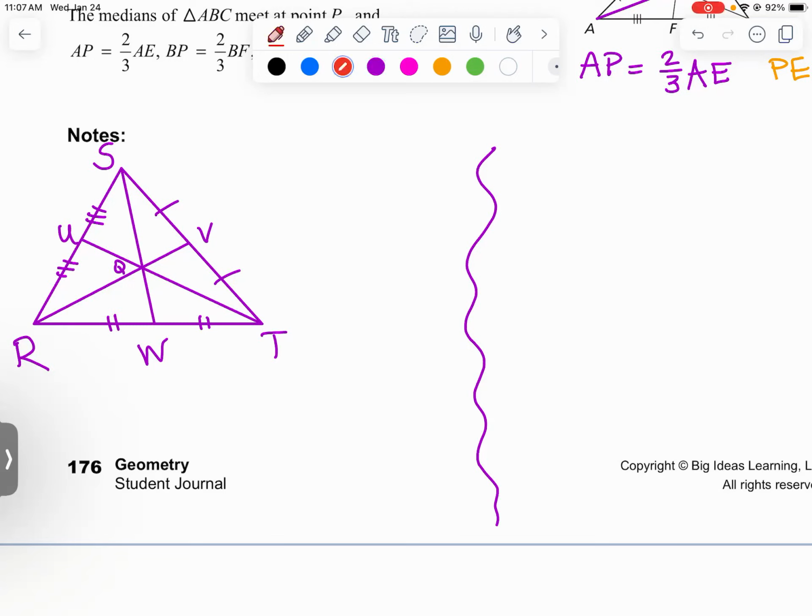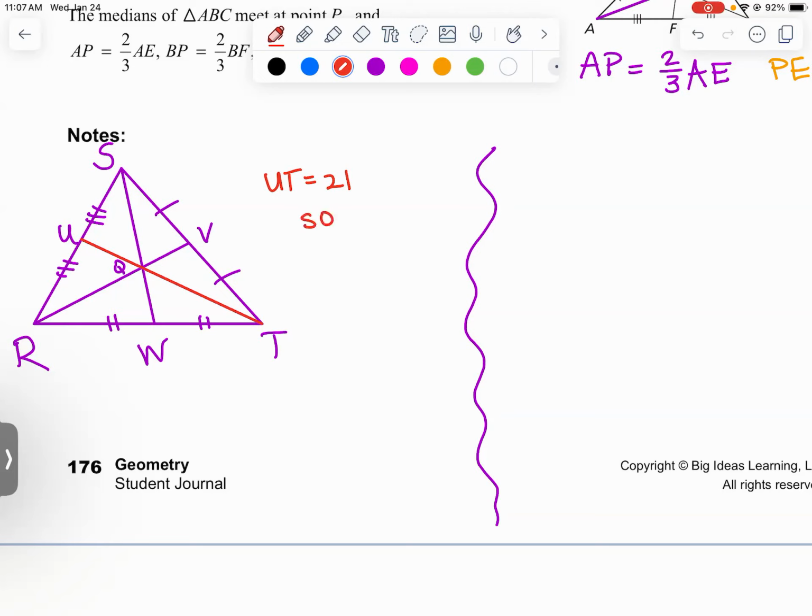Now, I'm going to say UT is 21. I'm going to highlight UT in red. If UT is 21, what is a third of 21? 7.